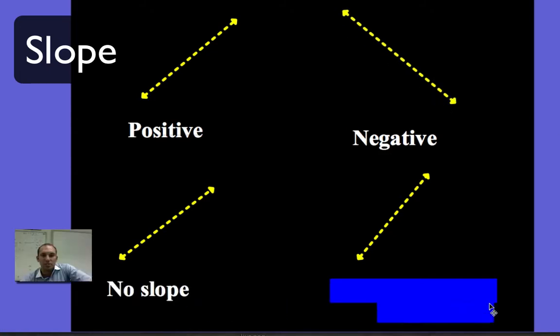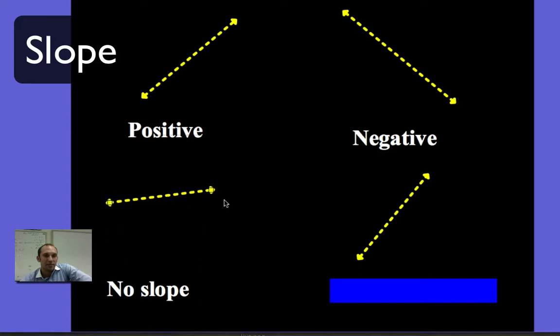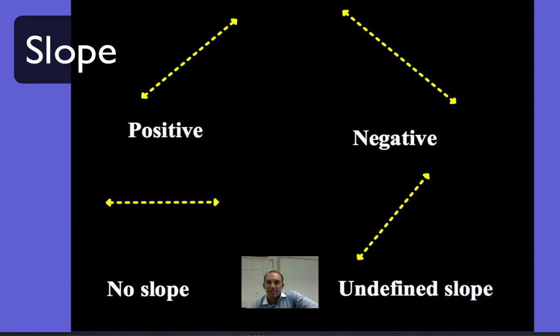If we're talking about a slope that has no slope, then it is going to look something like this. We have no slope here. It's just flat. If we're also going to talk about an undefined slope, then we're going to have a slope that looks like this. These are all different types of slopes.